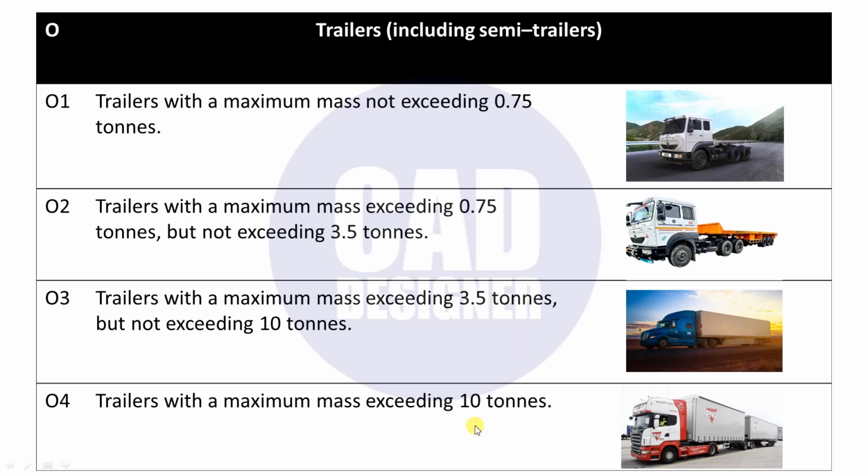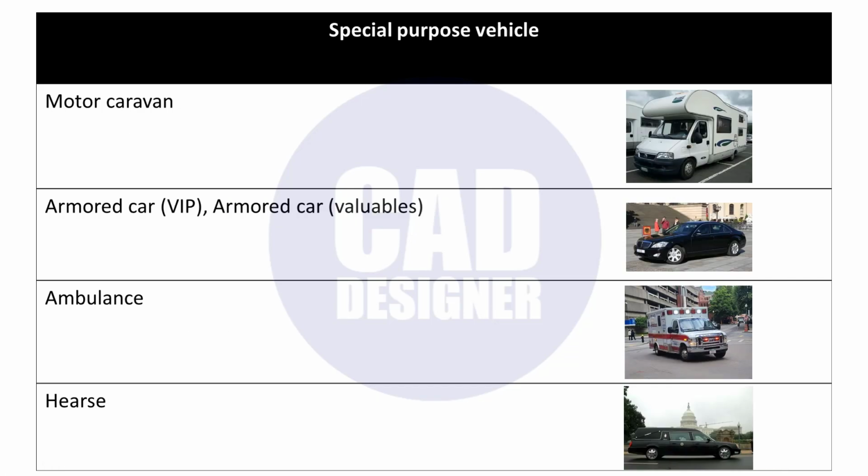And in the O4 category, the trailers which carry maximum mass exceeding 10 tons come under the O4 category. Next is the special purpose vehicle. It is also one type of category.